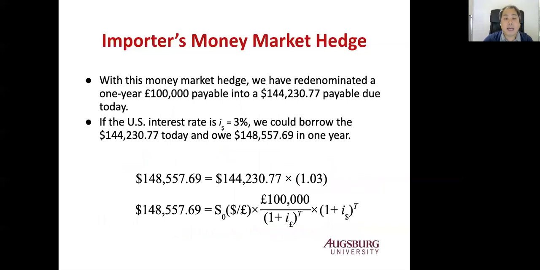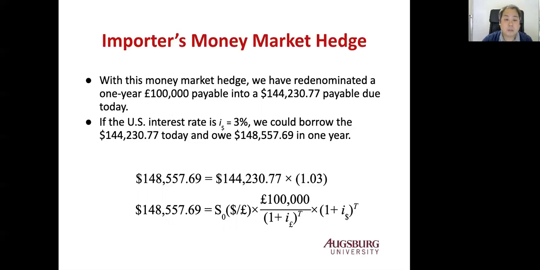With this money market hedge, we have redenominated the 1 year, 100,000 pound payable into a $144,230.77 payable due today. Now, if the United States interest rate is 3%, we could borrow $144,230.77 today and owe $148,557.69 in 1 year.